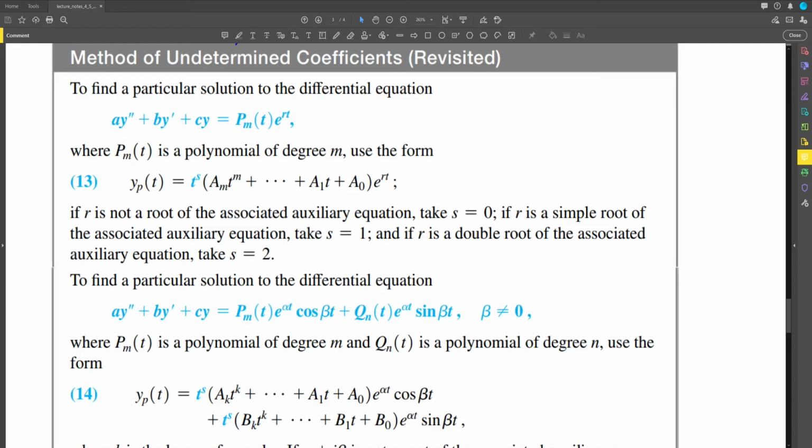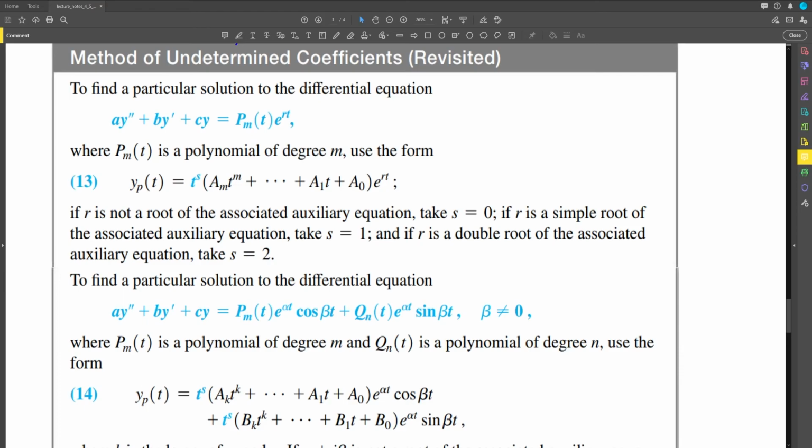To find a particular solution to the differential equation ay double prime plus by prime plus cy equals a polynomial of degree m times e to the power rt, we then use the form yp of t equals t to the power s times a general polynomial of degree m in t times e to the power rt.